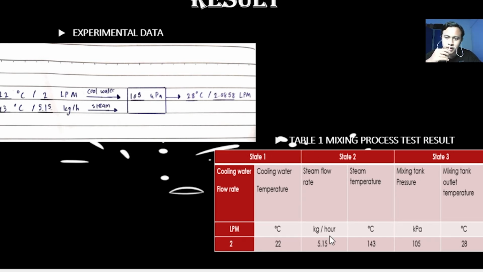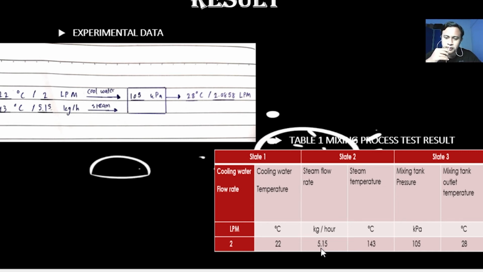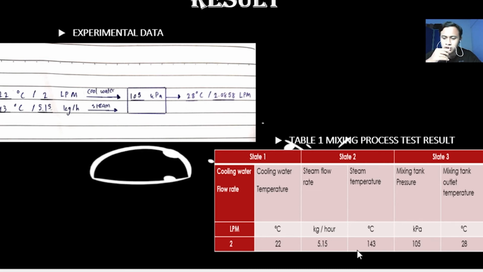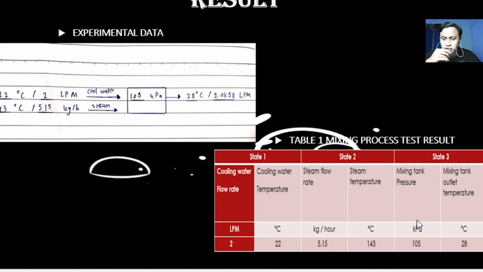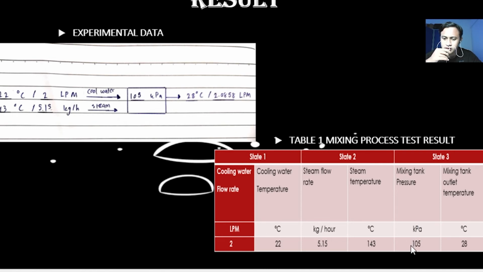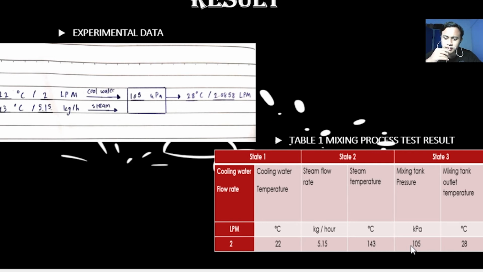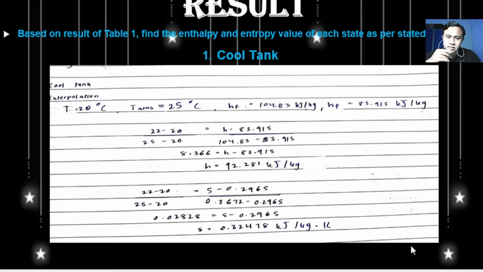For step 2, the steam flow rate is 5.15 kg per hour and the temperature is 143 degrees Celsius. For step 3, the mixing pressure is 105 kilopascal and the mixing tank temperature is 28 degrees Celsius.